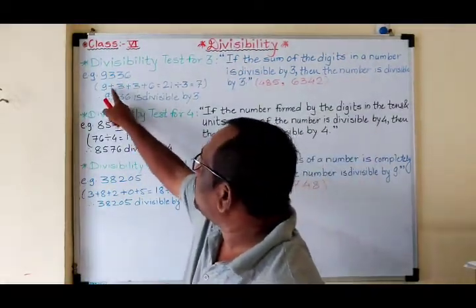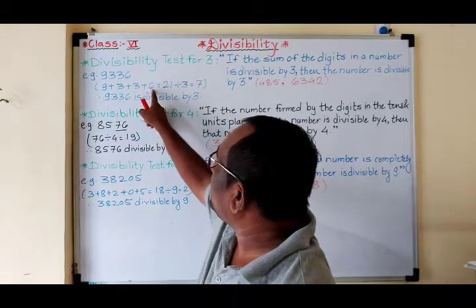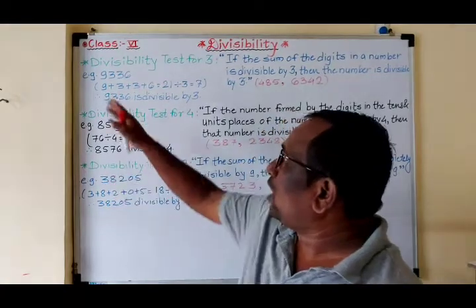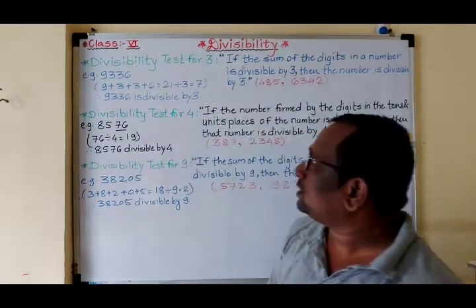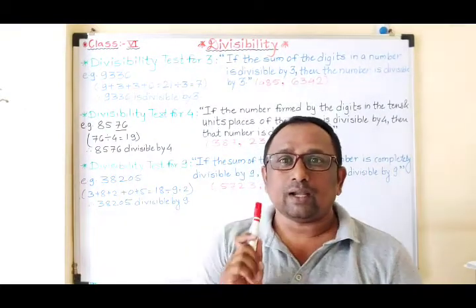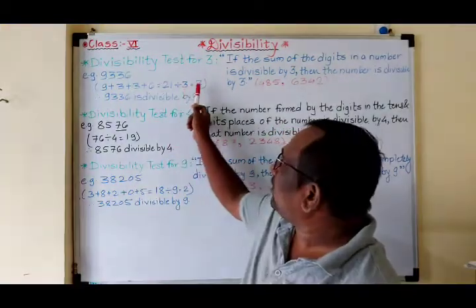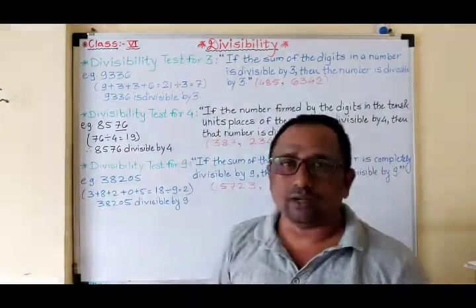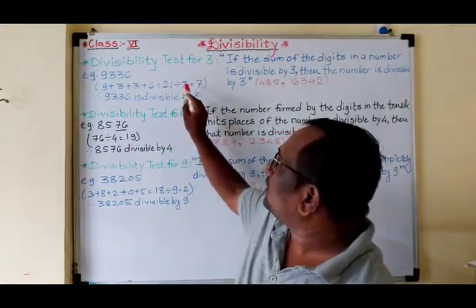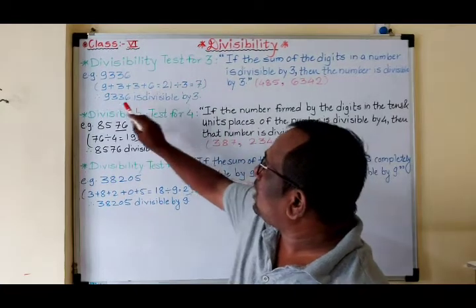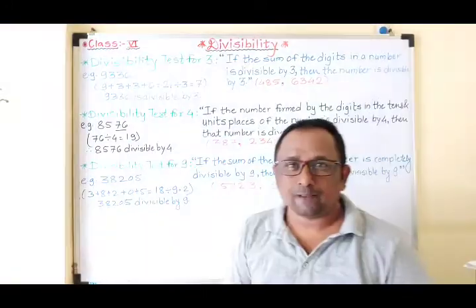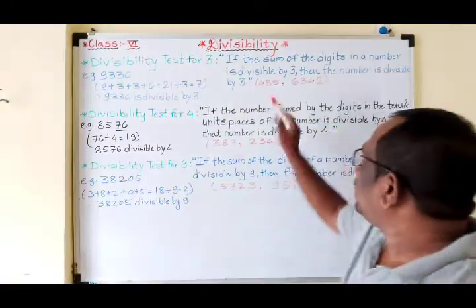So 9 plus 3 plus 3 plus 6 is equal to 21. And 21 we have to divide by 3. So 3 sevens are 21. So this 21 is divisible by 3 completely. So 9336 is divisible by 3. This is one example. Two more examples I wrote.